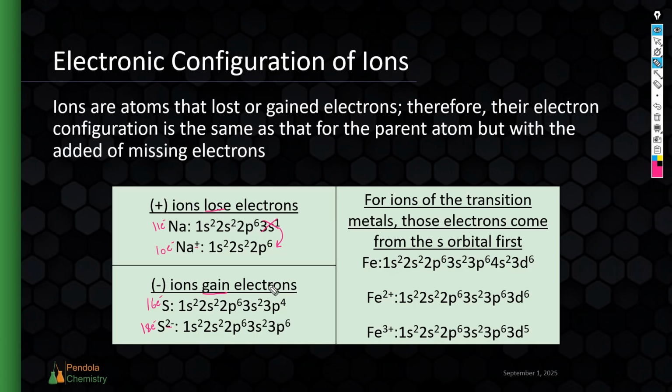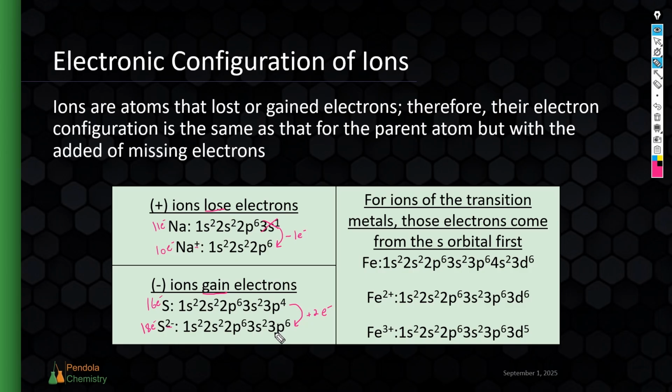Well, if we have 18 electrons, then the difference between the sulfur ion's and the sulfur atom's electron configuration is going to be 2 electrons. But because they're being added, because it's negative, we're going to add 2 electrons to the electron configuration of the sulfur ion. And we always do that to the very last energy sublevel. So the 3p4 now becomes 3p6.